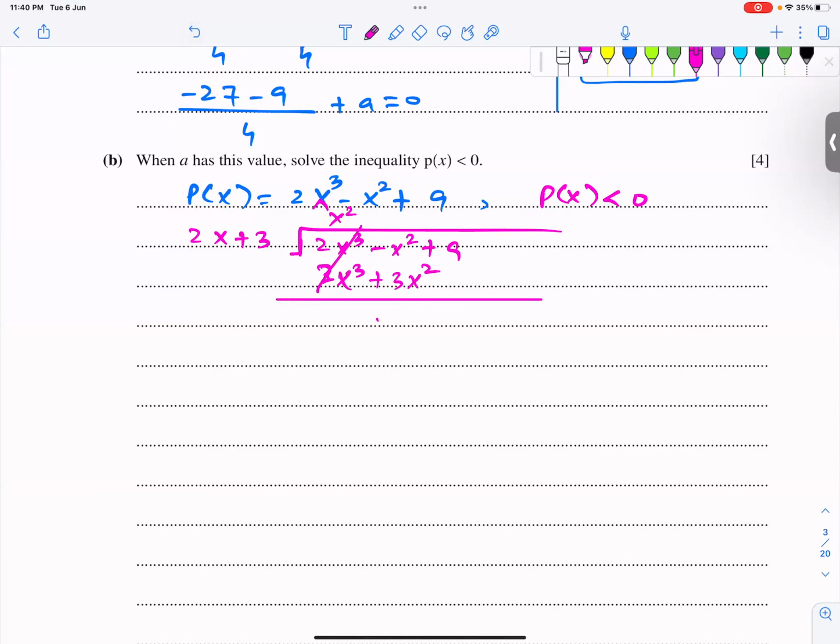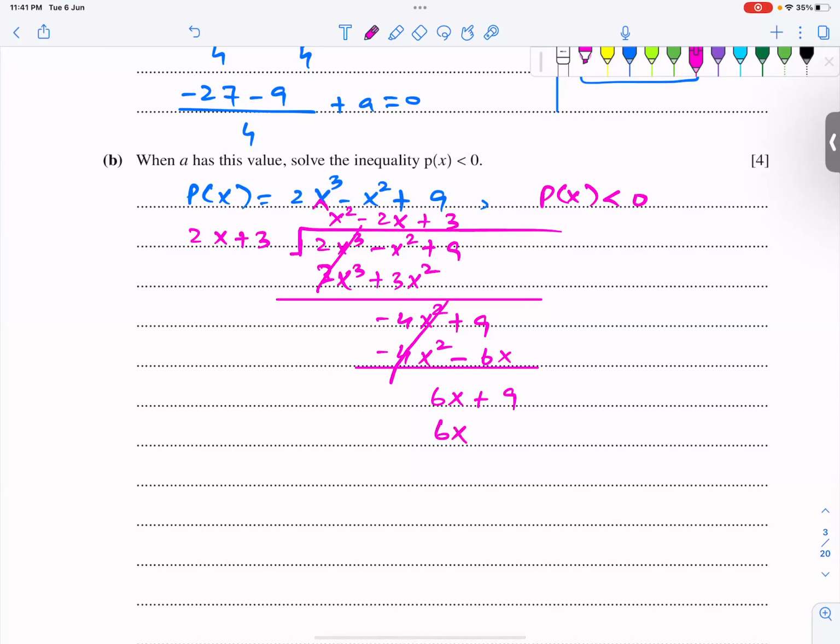This will be 0 minus 4x square plus 9. Then I will multiply with minus 2x. So this will become minus 4x square minus 6x. So this will be 0, 6x plus 9. Then I will multiply it with 3.